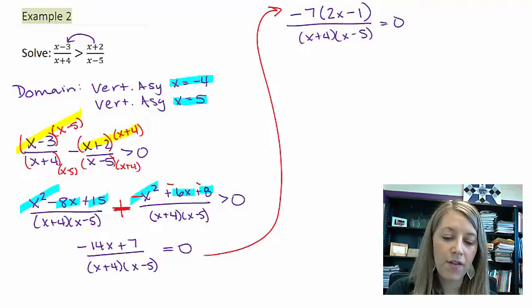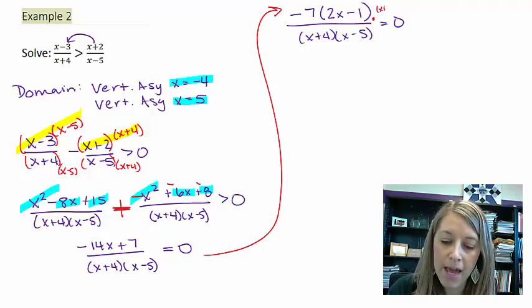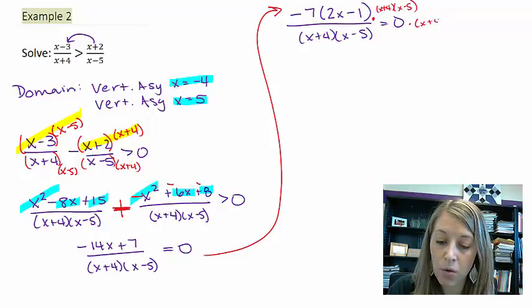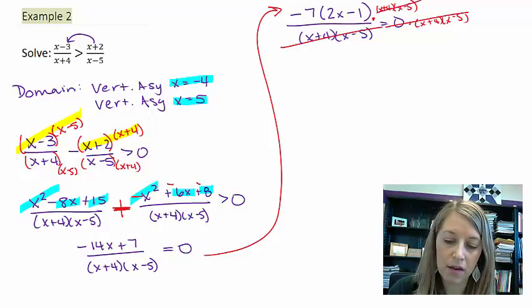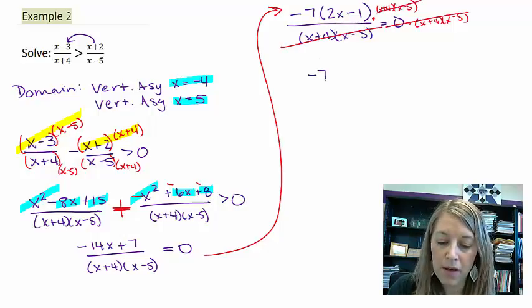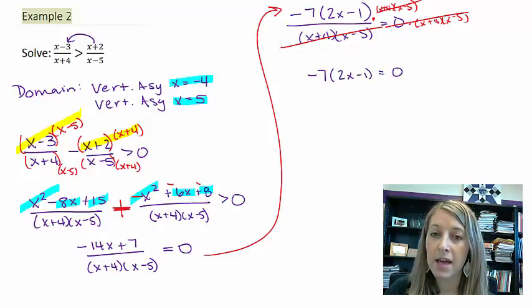All right, now if I want to actually solve this, I know I can multiply by my x plus 4, x minus 5 on both sides of the equation, and that would cancel out that there. So on the left, I'd be left with -7 times 2x minus 1, and on the right, I have 0.